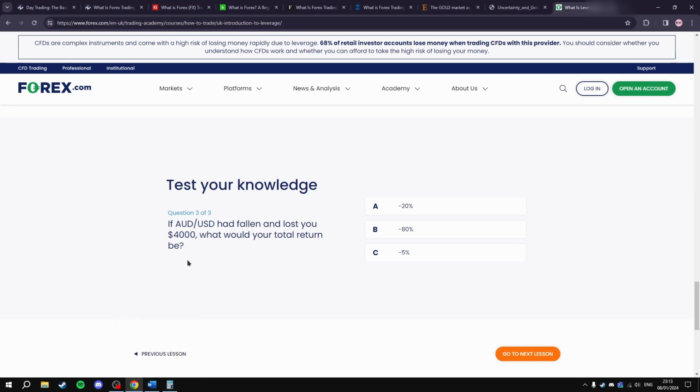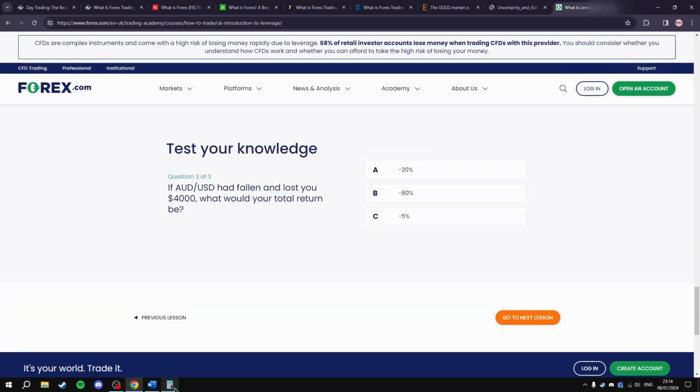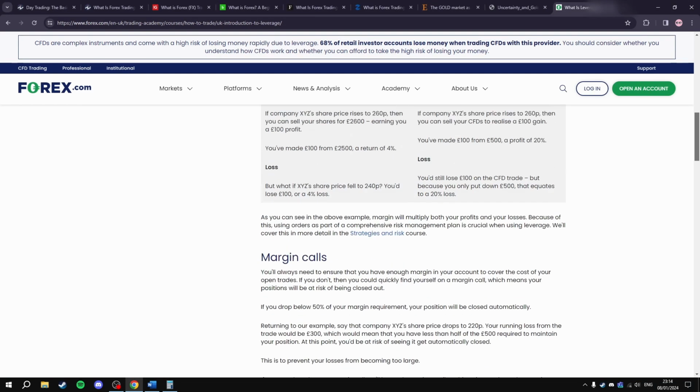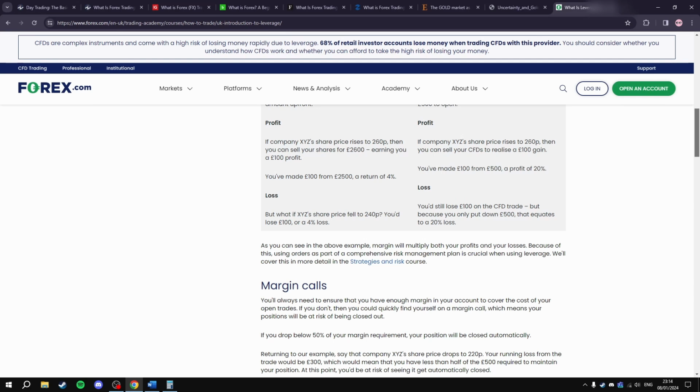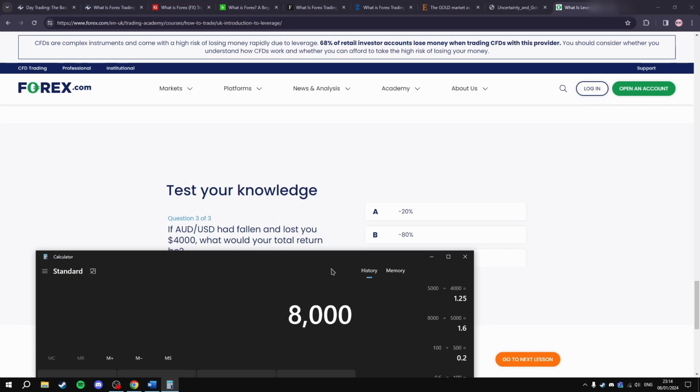If that had fallen and lost you 4,000, what would your total return be? So you'll lose that. How much did you put down? 8,000? Or 4,000? So it's 4,000 divided by 8,000 then.